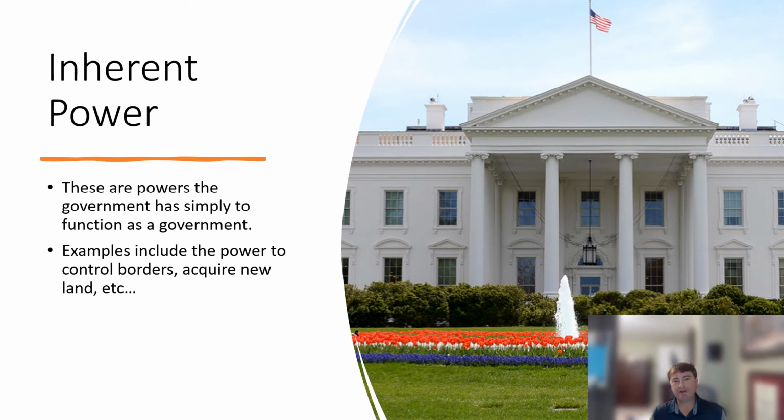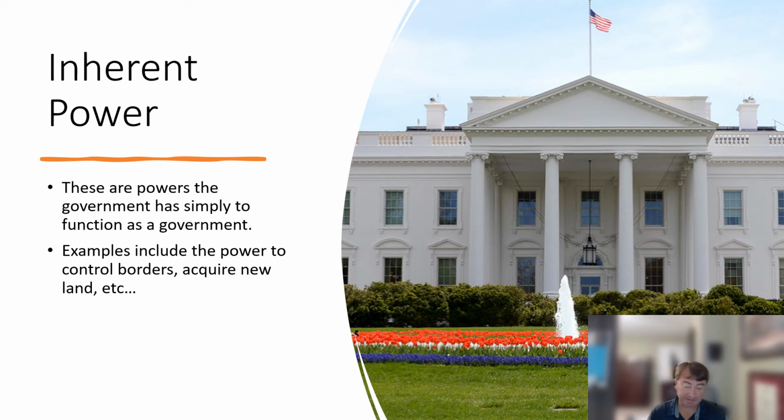All right, the last thing we need to talk about is inherent power. So not only does the federal government have expressed powers, those are specifically listed in the Constitution, and implied powers, things that they can imply based on the expressed powers, but the federal government also has something called inherent powers. These are powers that the government has simply to function as a government. Things like controlling borders.